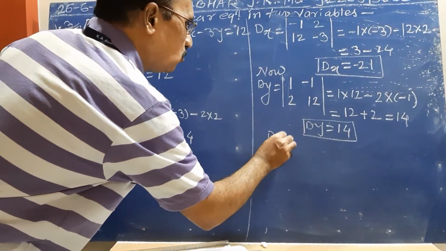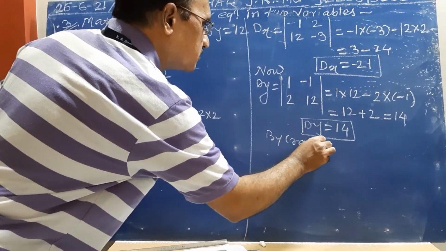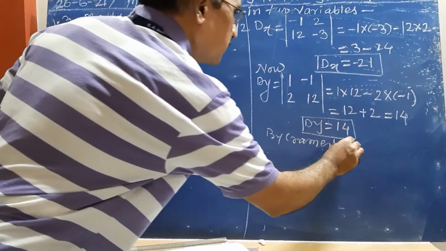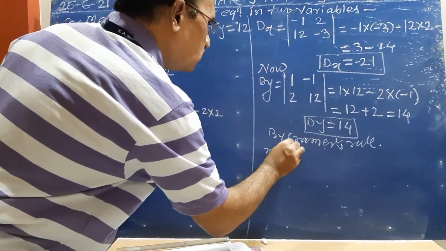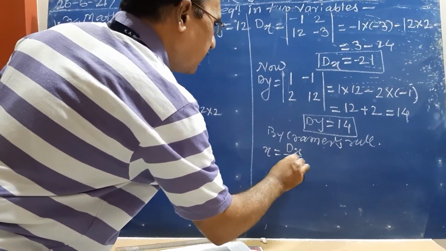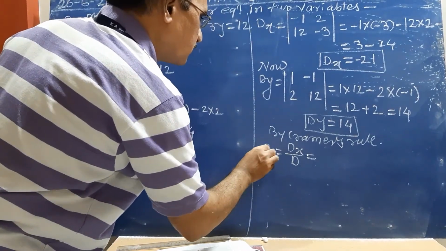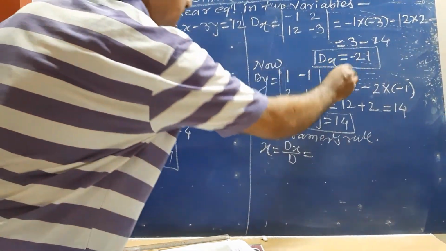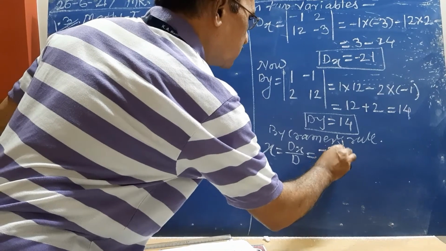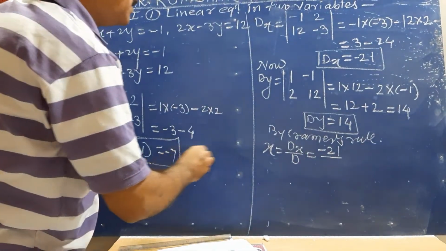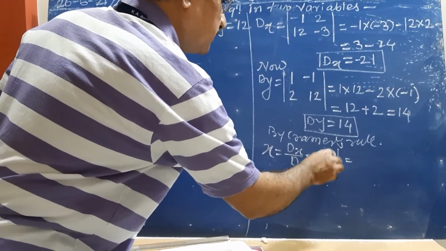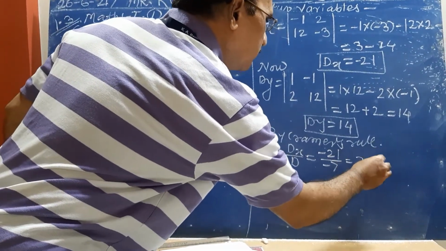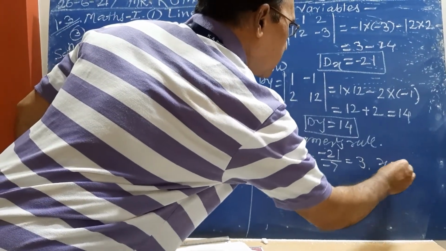By Cramer's rule, don't forget this. x is equal to dx by d. dx is minus 21 divided by minus 7. Minus minus becomes plus, 7 3s are 21, means x is equal to 3.